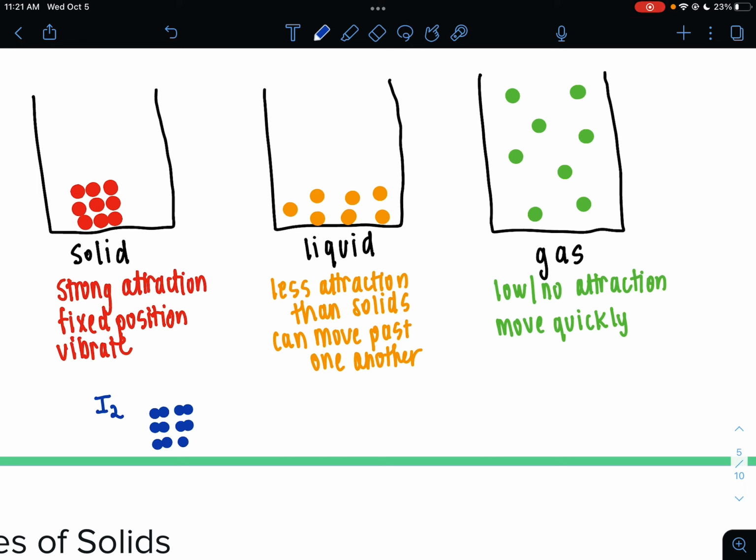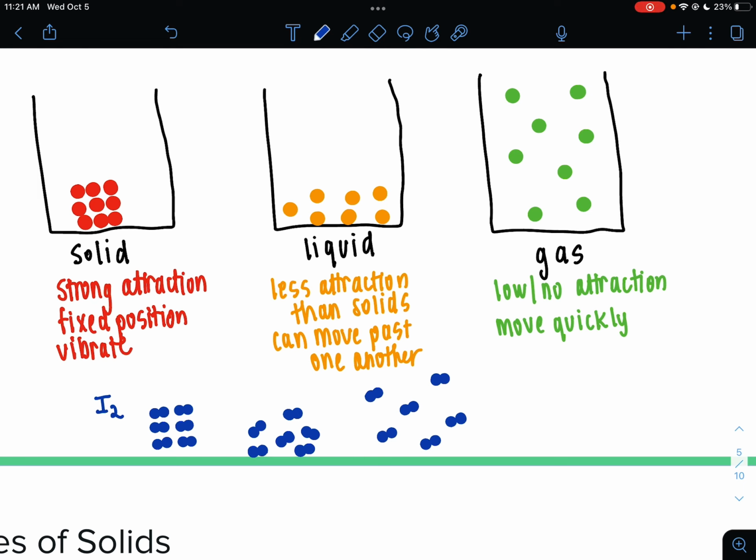It's the best I can do. So that's solid. As a liquid, those would be a little further apart. And then as a gas, we would show that it's much further apart.